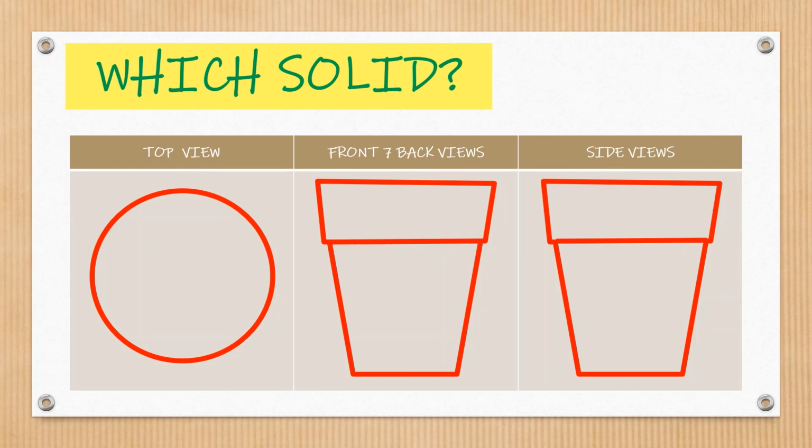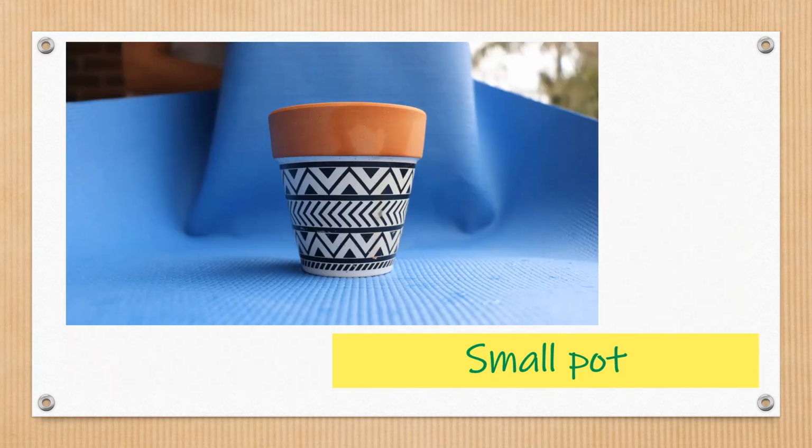So what do you think that this solid might be? A little pot. But it could have been a can, or a bucket was what I was thinking of. Something where you've got that shape getting narrower towards the bottom.